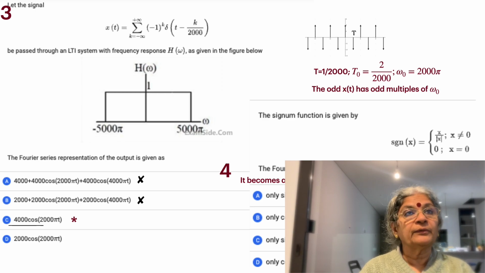Because k equal to 1 tells us 1 by 2000, but at the same time, since the signals are alternating between -1 and +1, the period is given by 2 by 2000, or in other words, omega 0 is equal to 2000 pi.